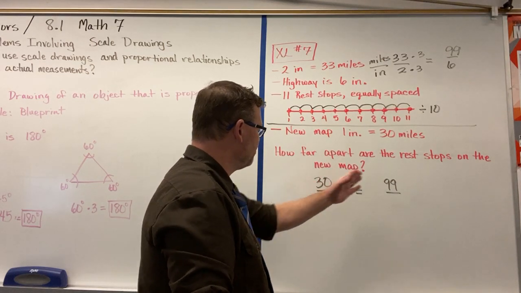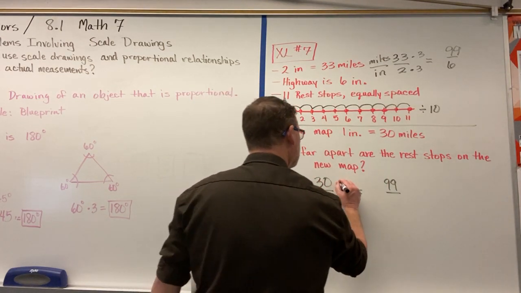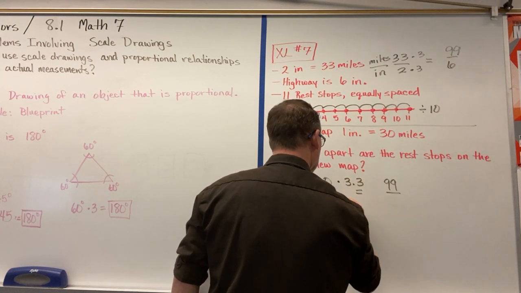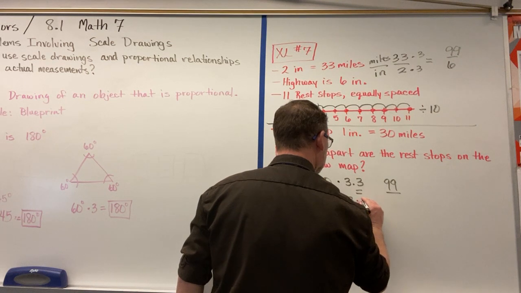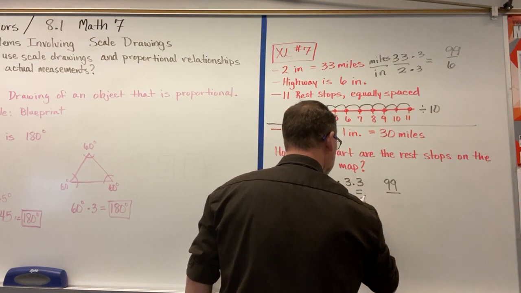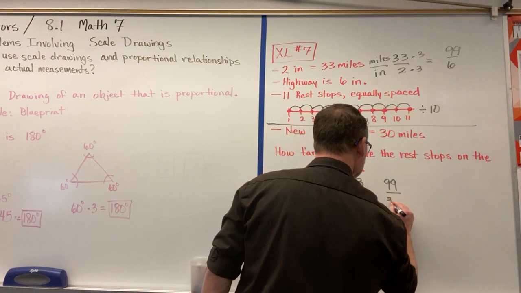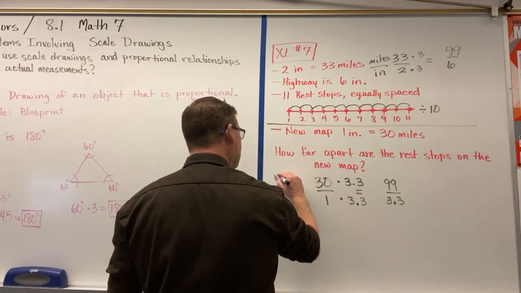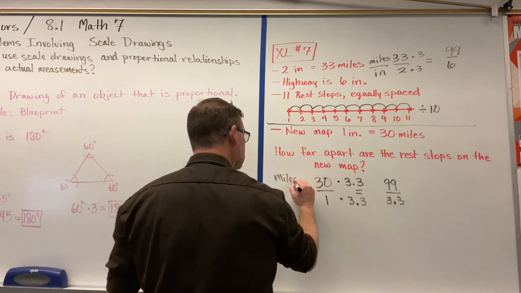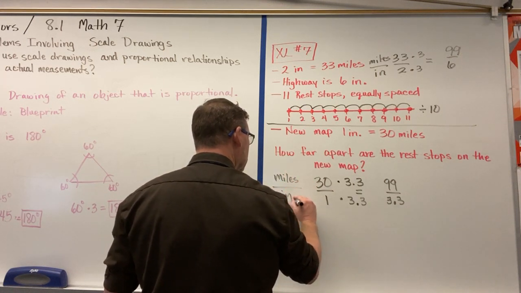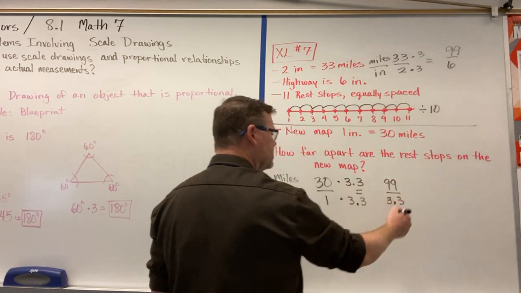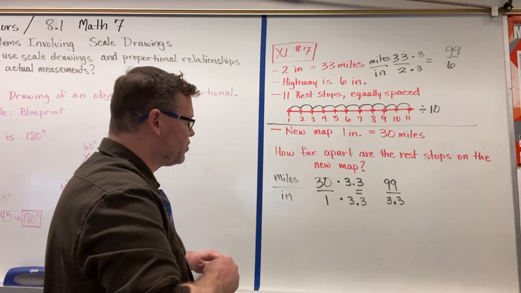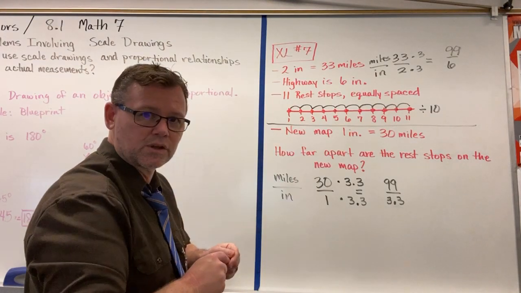So I figured out by dividing 99 by 30 that I'm going to multiply this by 3.3. I'm going to multiply this by 3.3. Remember this is miles over inches. This tells us on the new map that the highway, that's 99 miles, should be 3.3 inches long.